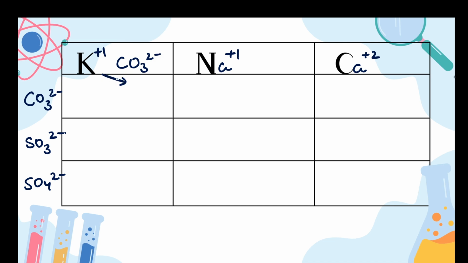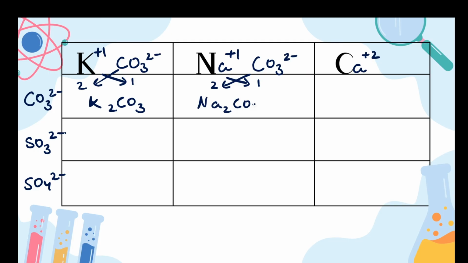Interchanging, potassium's valency goes to carbonate and carbonate's valency goes to potassium, so the formula becomes K2CO3. Likewise sodium carbonate becomes Na2CO3. For calcium carbonate, both have the same valency, so it gets cancelled, and the formula is CaCO3.